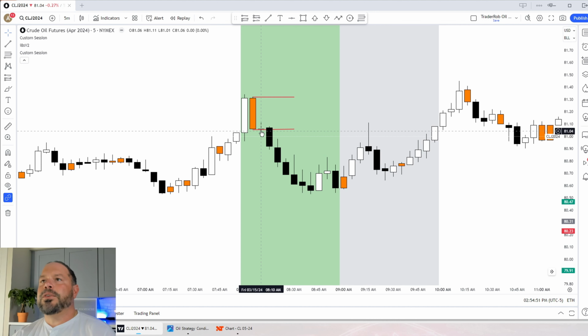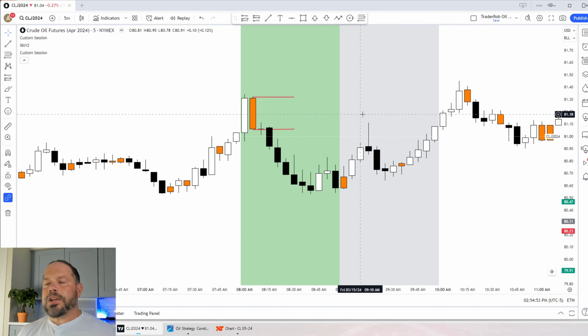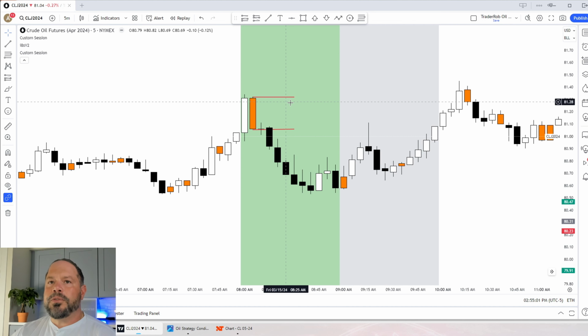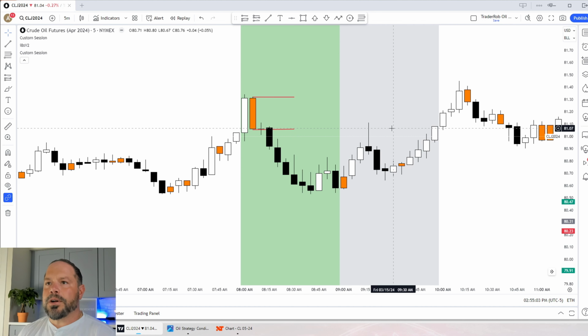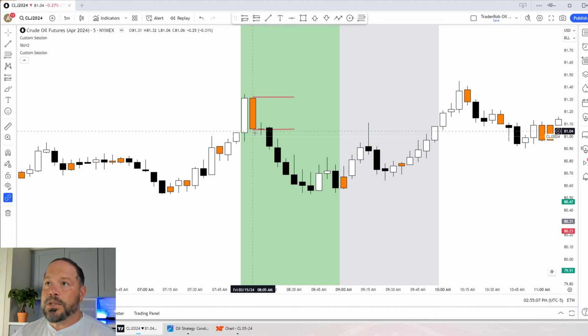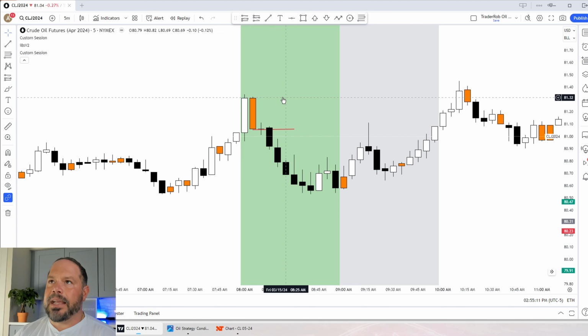You set these two up and you just wait for price action to determine in which direction it wants to go. These are set up as OCO orders, which means order cancels order. Meaning that if you go short, which in this example we do, the other order automatically gets canceled. So it's not like we're going short and long on these trades.